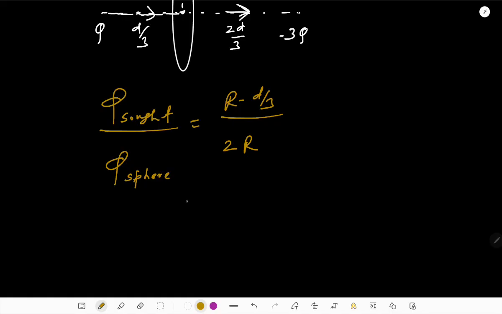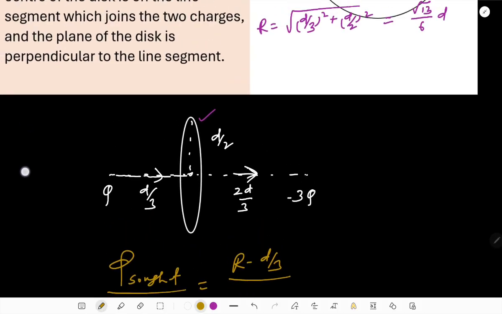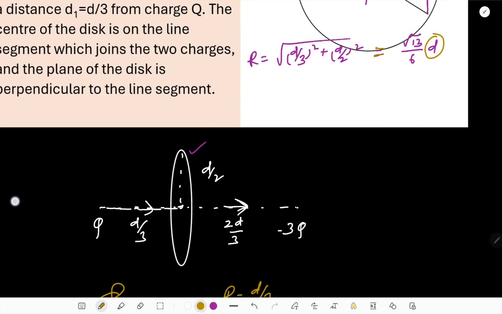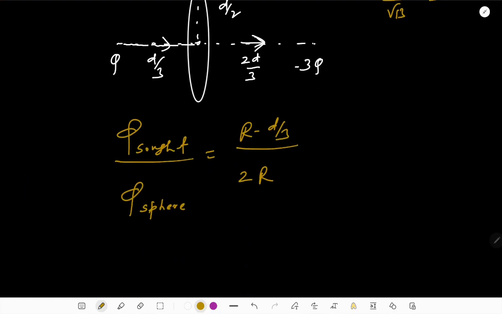You can get d in terms of r and put 6r upon root 13 in place of d, and you get this result equal to 0.223.